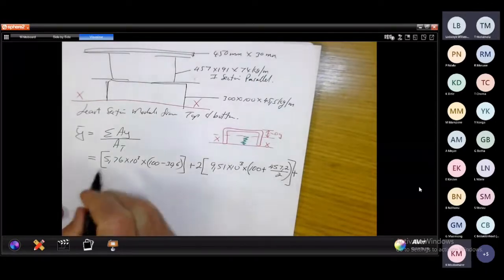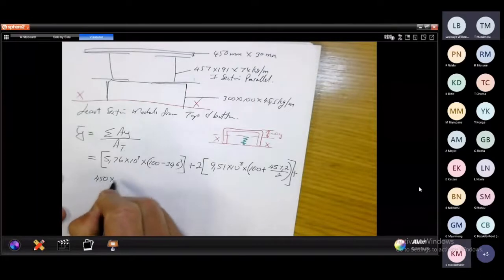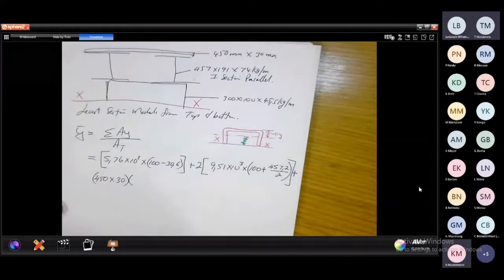When you come to the plate, it is 450 times 50. That is its area. Who can tell me now, for the plate, what is y for the plate?